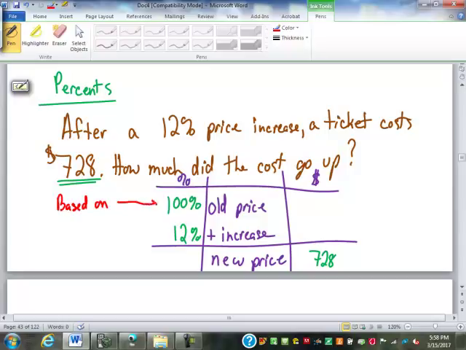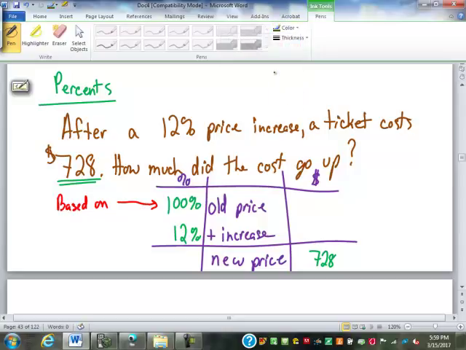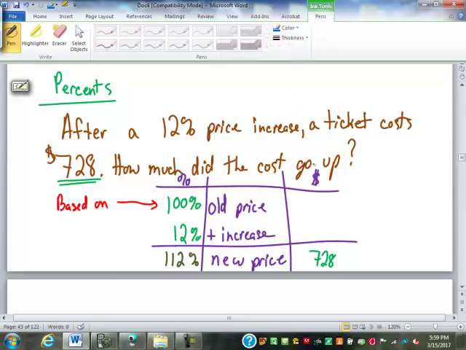In this type of problem, all the other calculations are based on what the old price was. So now I can find the percent of the new price because it's 100 plus 12, or 112%. And what was I asked to find here? How much the cost went up. So I'm asked to find the increase, the dollar amount of the increase, which would be that number.